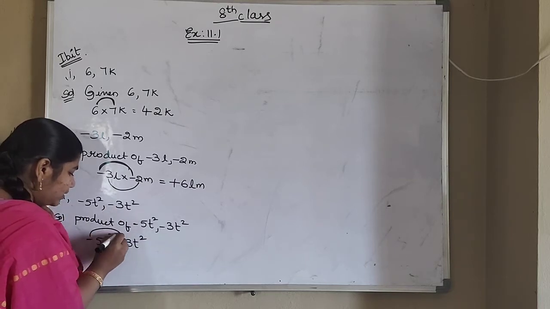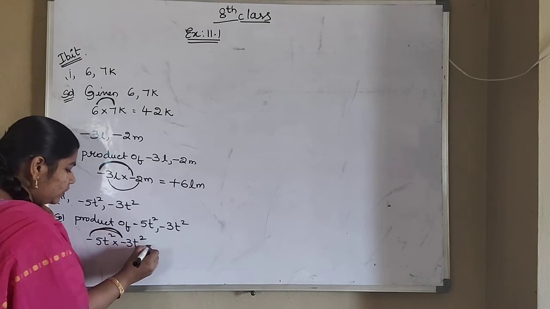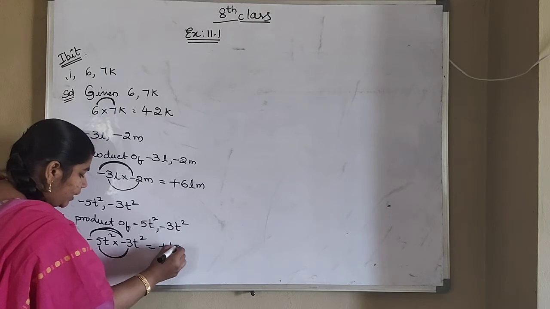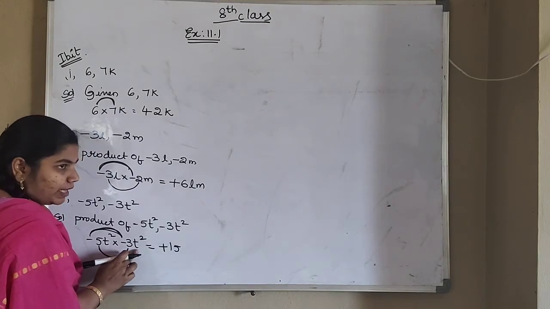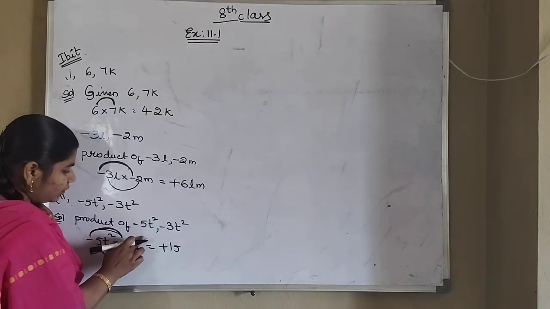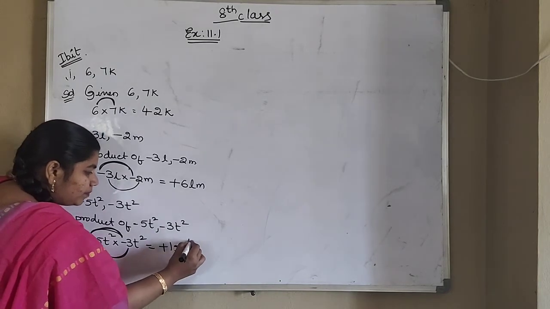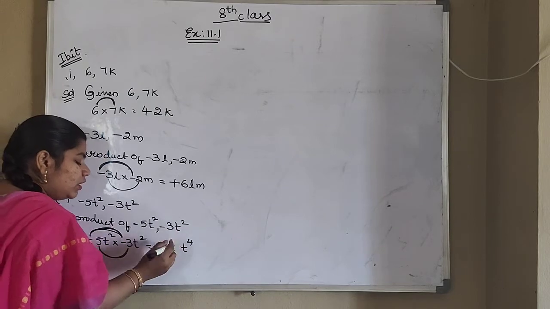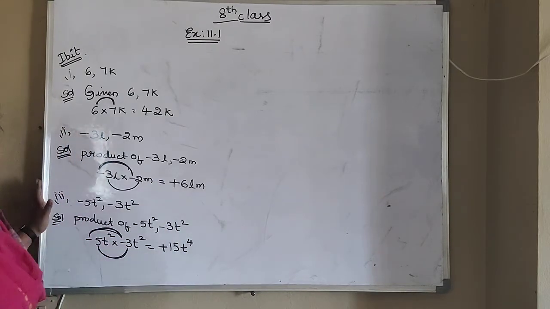First you multiply the signs. Minus into minus will be plus. 5 threes will be 15. t square into t square, 2 plus 2 will be 4. So t power 4. The result is 15t power 4.